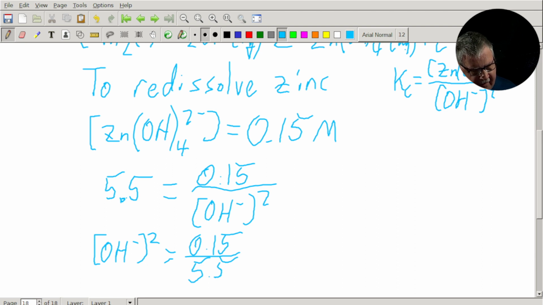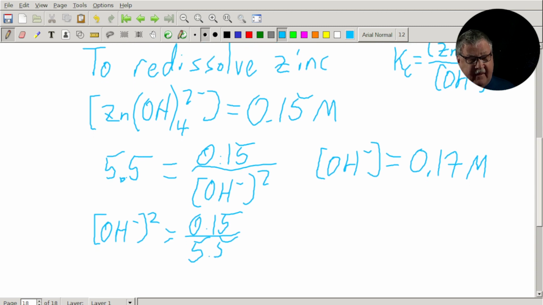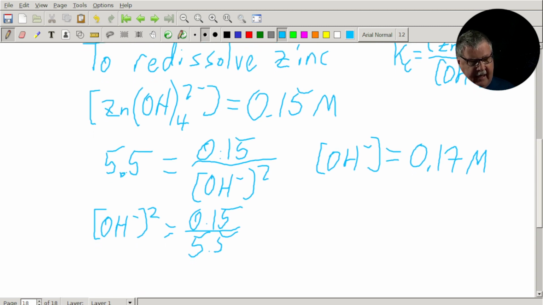So we can take the square root of both sides and solve for the hydroxide ion concentration. That's what I get as well. So basically this is telling us we need a solution with a hydroxide ion concentration of 0.17 molar. If we can get up to that molarity, we'll redissolve everything.